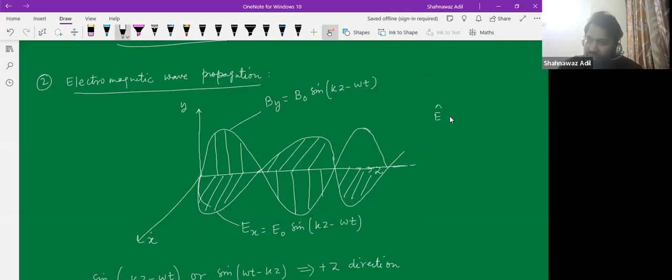E hat is i hat, X direction, and B is in the Y direction, so j hat. So if we calculate the propagation, E hat cross B hat, that would be i hat cross j hat. So what is this thing? i cross j, if we use the circular property.